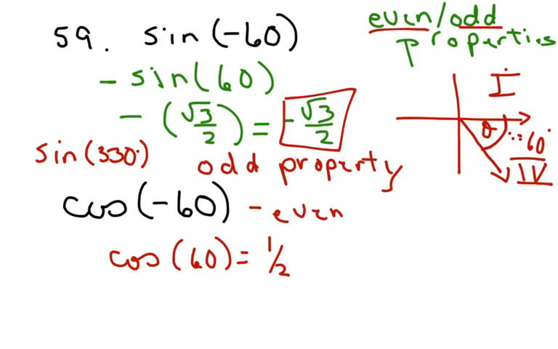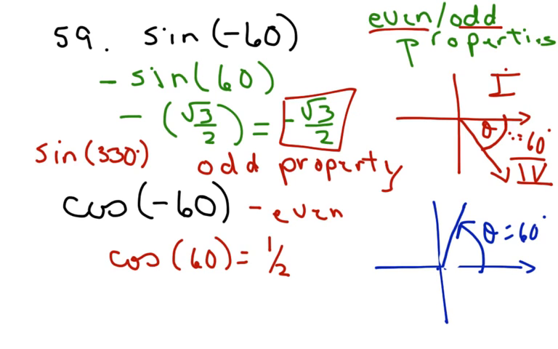Let's look at the way the graph looks. This is the initial side here, 60 degrees. So 60 is about here. So this is theta equals 60. Negative 60 is here, if I went clockwise.